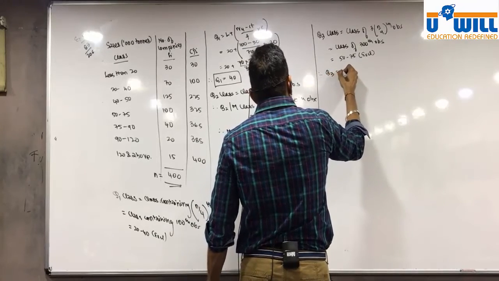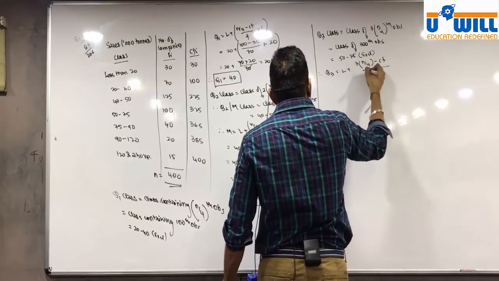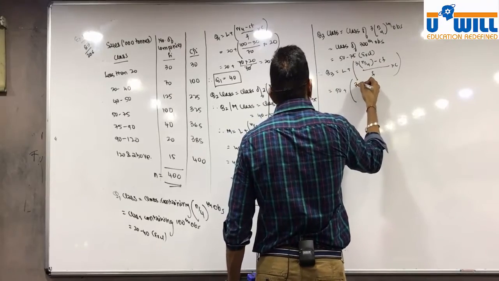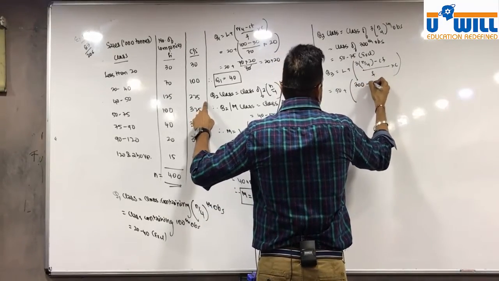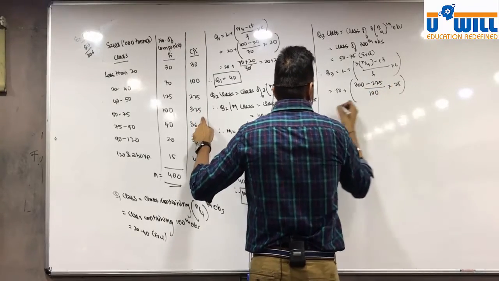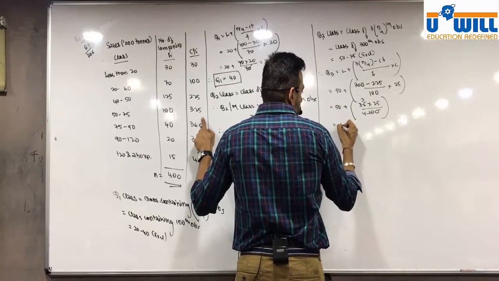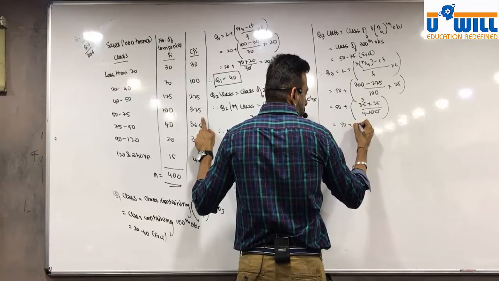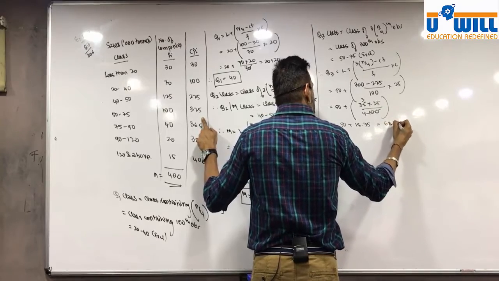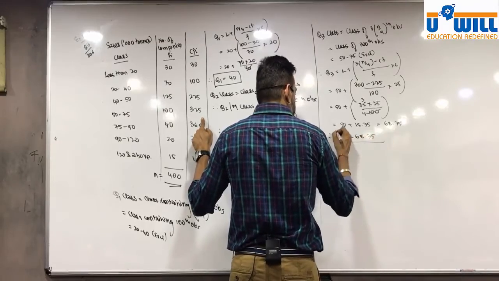Therefore Q3 is equal to L plus 3n by 4 minus CF upon F into C. 300 minus 225 upon 100. Class length is 25. 75 is equal to 50. Q3 is equal to 68.75.